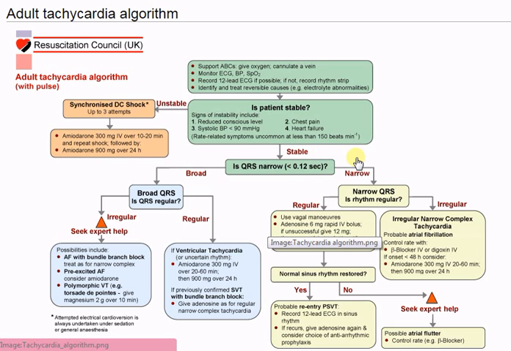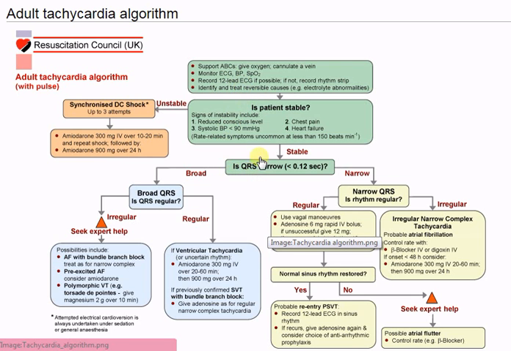You need to ask patients if they have chest pain, and measure the systolic blood pressure. Look for signs of heart failure, and if they are stable, now you need to look at the monitor, ECG, or 12-lead ECG.